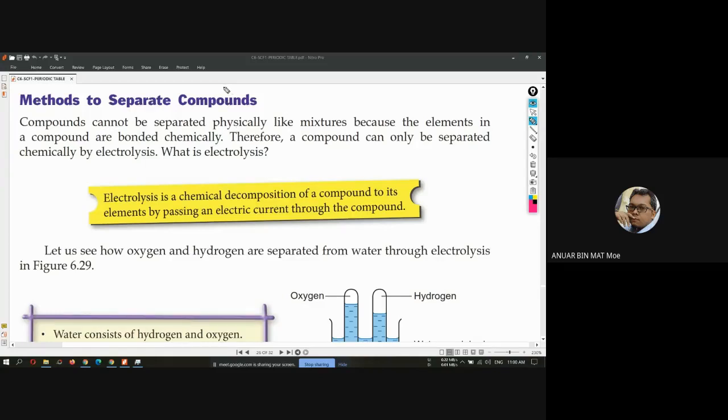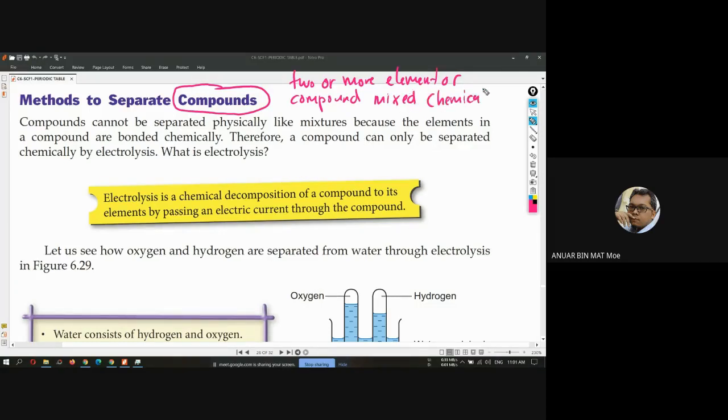We learn about compound. Again, the definition, class: two or more elements or compounds mixed, or we call combine, chemically.